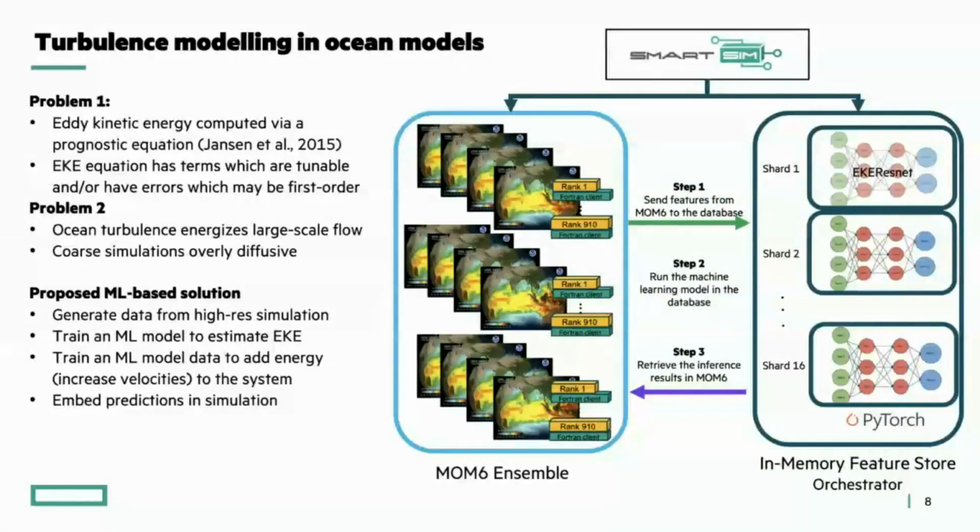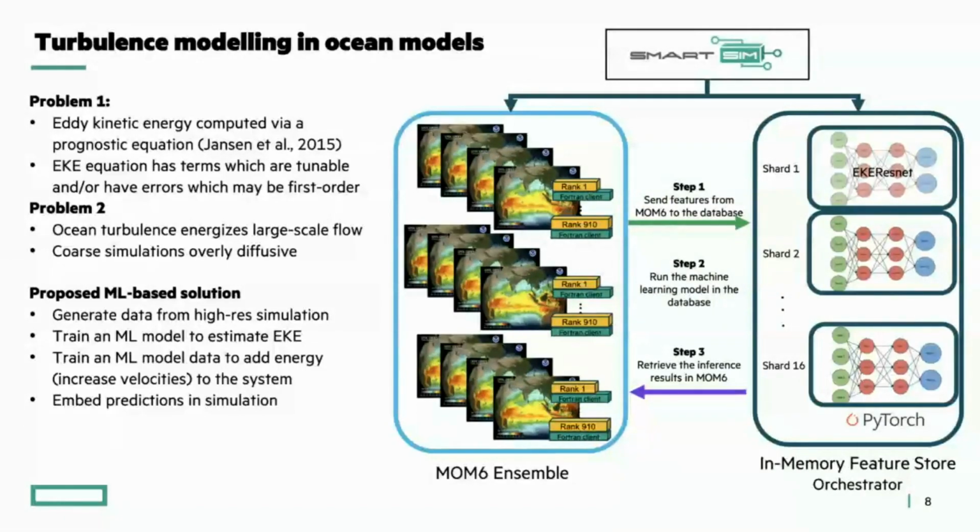A lot of the other solutions out there that try to allow you to call ML models from inside the simulation require that there's a GPU on every single node that the simulation is being run on. Whereas here, really, there's only a small subset of the nodes that need it, which are dedicated to the orchestrator.